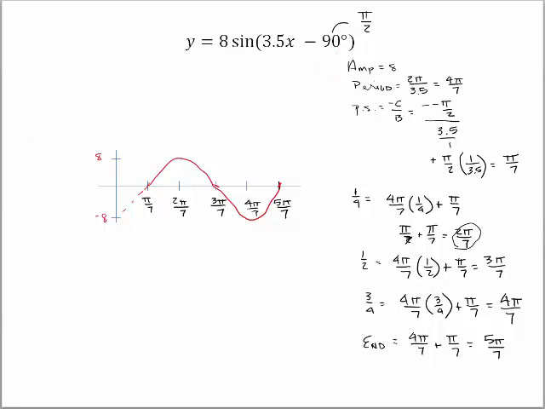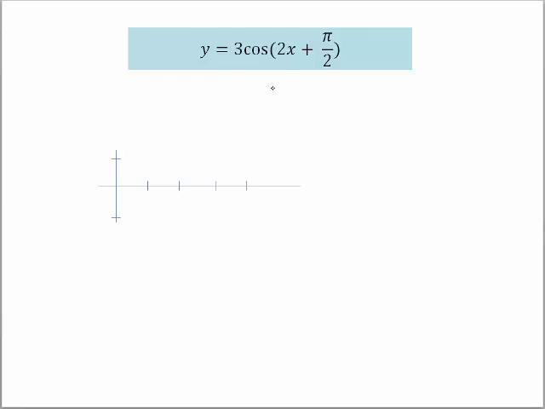Alright, I hope this gives you enough to work on one on your own. Here's another problem. This one, stop the video and work this on your own. Then when you think you've got it, check it against the answer in the information tab.